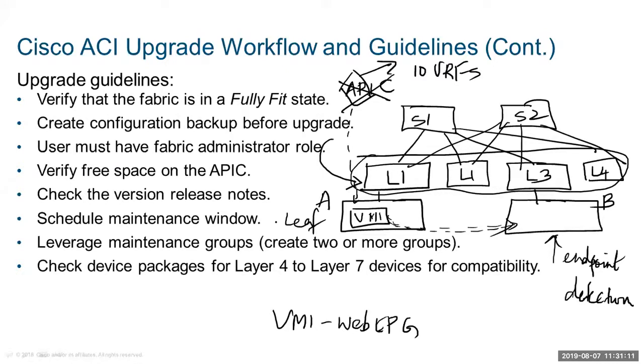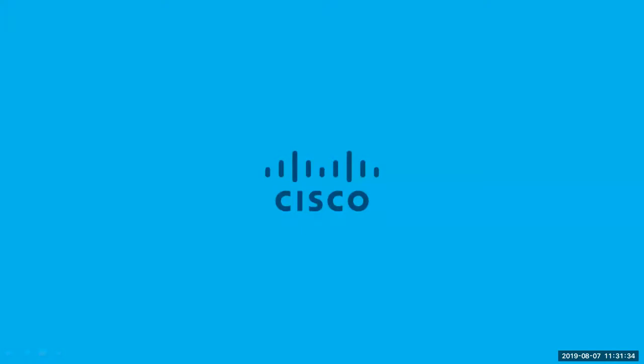Then I dug deeper, and it dawned on me that the VRF was not even created on my Leaf 3. So you've got to be careful about your understanding of this product. It is a little more complex than what you see. Questions?